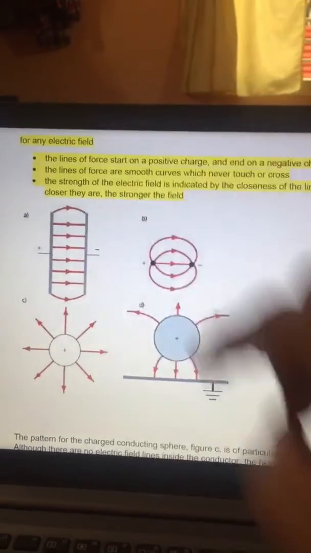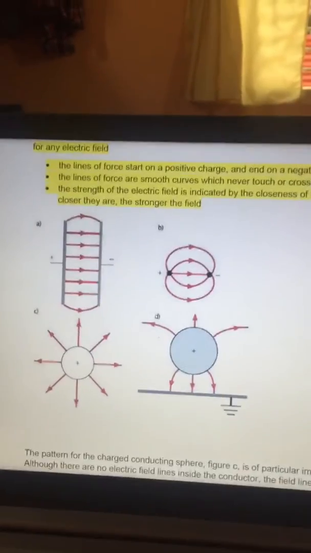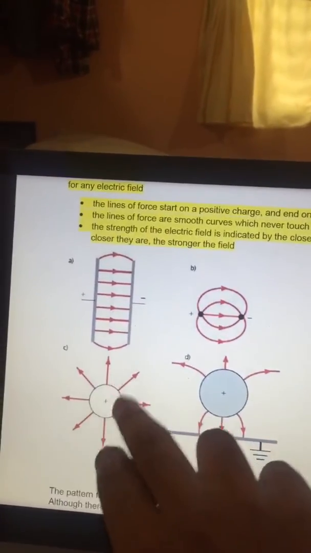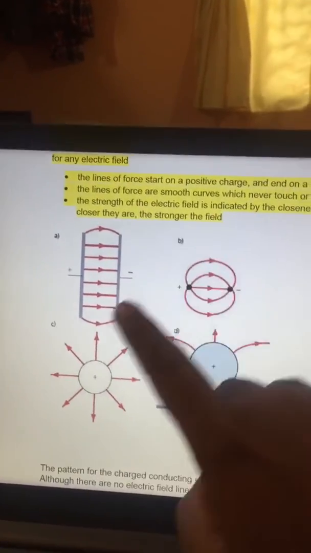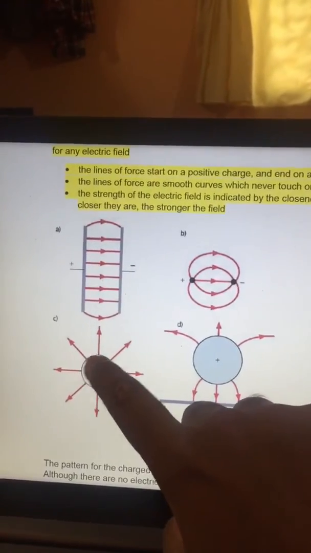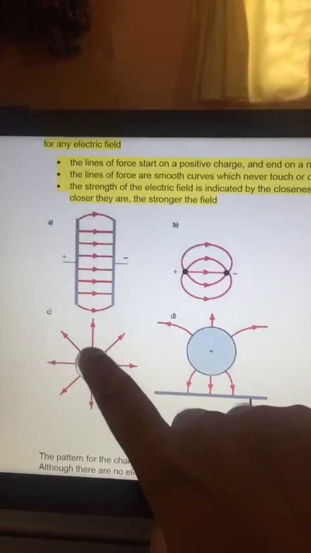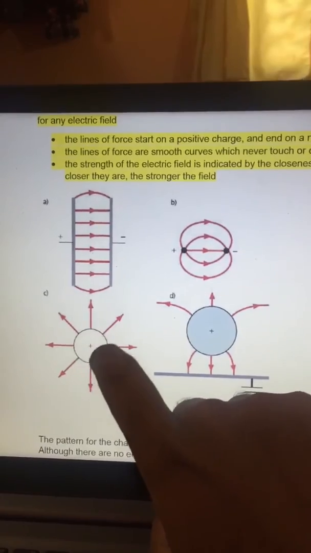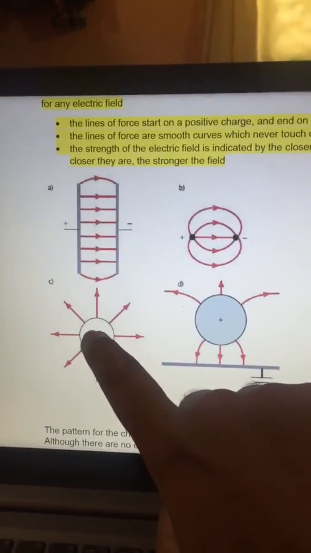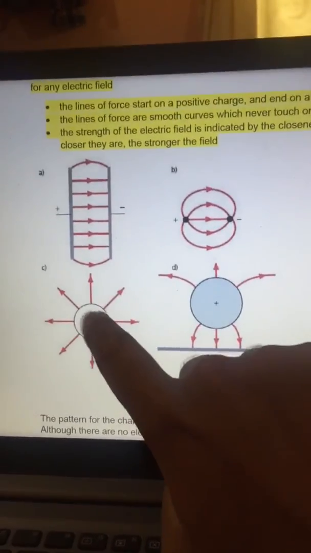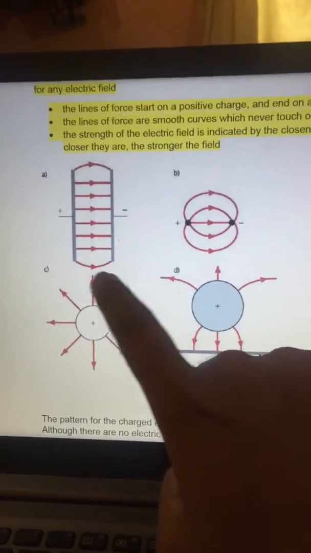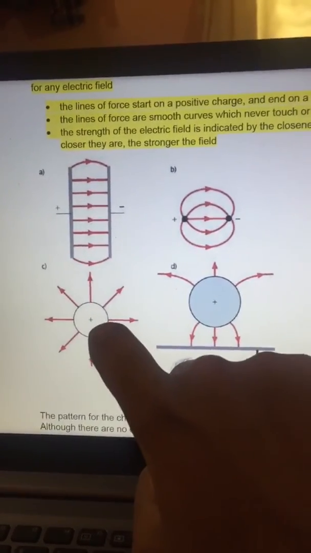Okay, now if you look at this, particularly this positive charge here, within this positive charge there is no field line, which means there is no force going to be experienced by a charge if it is placed inside this region, but outside there are field lines.